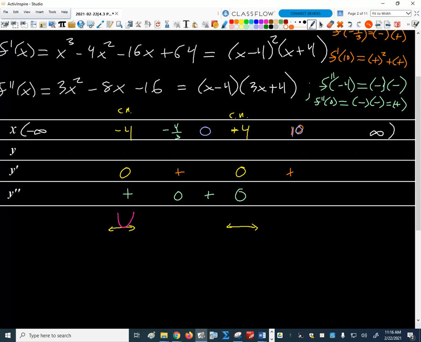And so if I evaluate this at -4, I get negative times negative. But if I evaluate it at 0, everybody see this? I'm going to get negative times positive, which is negative.